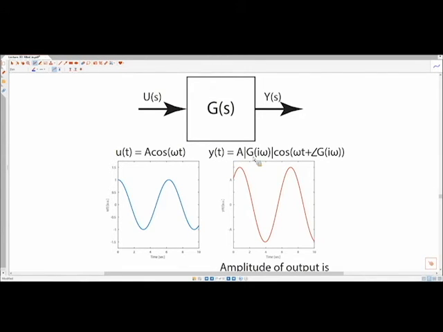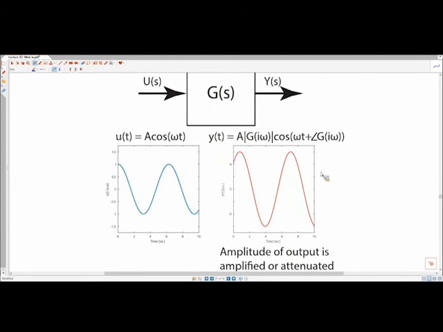For any linear system, the output given a harmonic input will be the input amplitude A scaled by the magnitude of G(i omega), and phase shifted. So if we look at these two plots, this is our input cosine, goes up to A, but then we've scaled the sinusoid in amplitude, and there's also a slight phase shift. So this is true for any linear system.